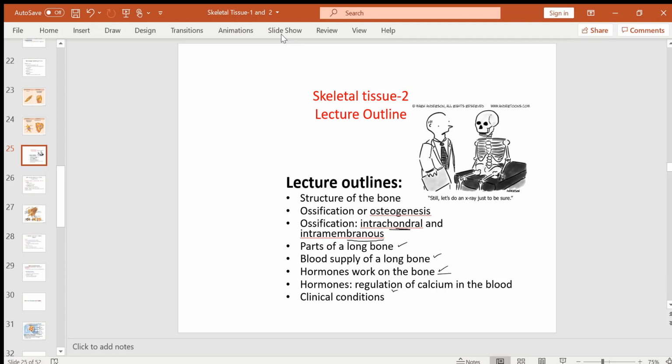Some hormones are produced outside of the bone and work on the bone to regulate the calcium. So we'll talk about those two types of hormones. Then we'll talk about a few clinical conditions.